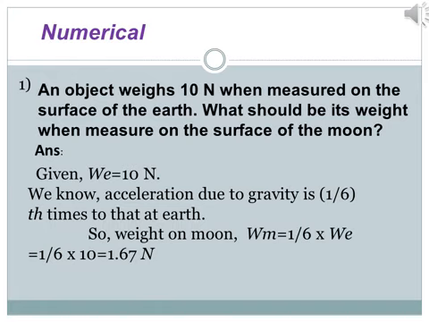You know that acceleration due to gravity on the surface of the moon is equal to 1 by 6 times that at the earth. So weight on moon Wm is equal to 1 by 6 into We, which is 1 by 6 into 10 Newton, which is equal to 1.67 Newton.